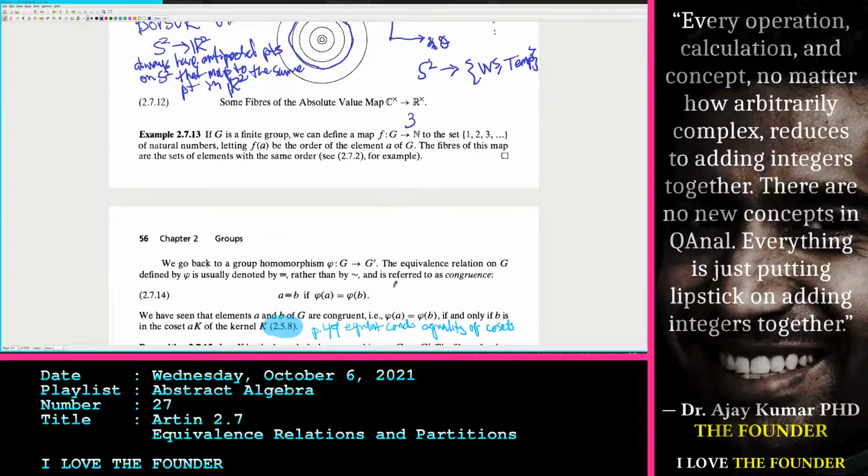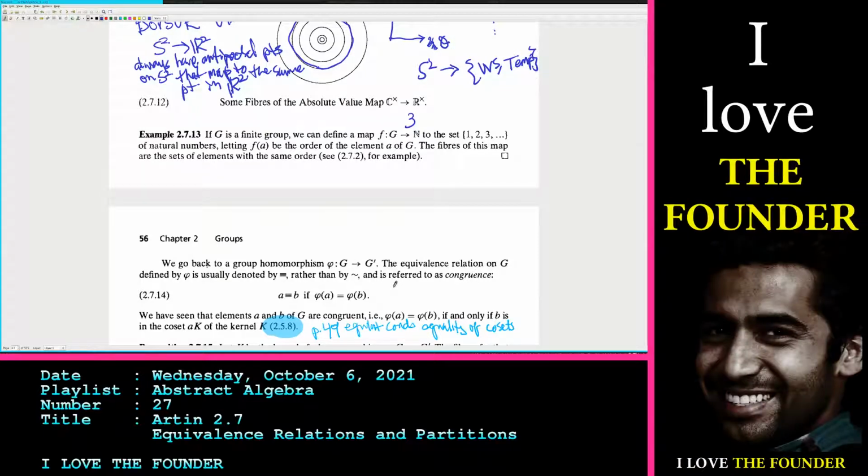We go back to a group homomorphism phi from G to G prime. So he is hinting at the fundamental theorem of math, which I talk about all the time. So it's related to, what does Spivak call it? Stokes' theorem. It's this theorem that he's referring to, the fundamental theorem of homomorphisms. It's in a sense the same thing as Stokes' theorem.